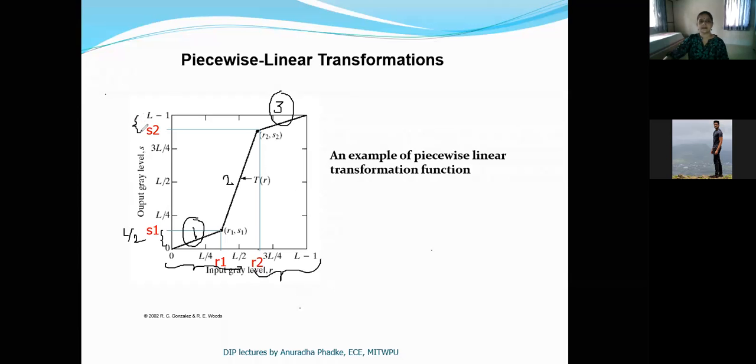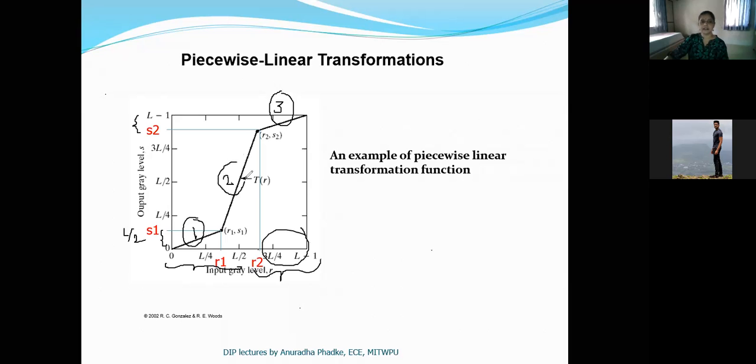As compared to the range R2 to L minus 1, this S2 to L minus 1 is much smaller. And all these are bright ranges. So original bright values, we are making them brighter than the original. So this is the job of line segment 3.